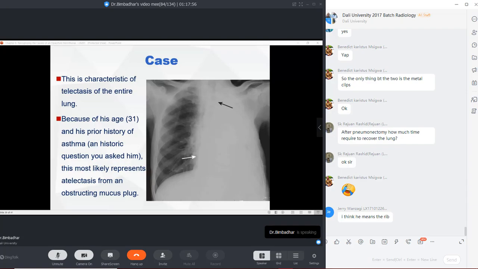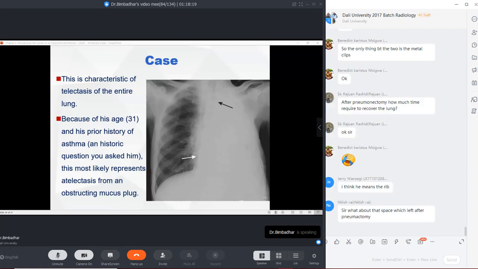Let us say the other lung can compensate, but if it cannot compensate because the vital capacity and the total lung capacity have decreased, it generally takes around 4 to 6 months to recover. Still there will be respiratory distress, still there will be chest pains. There is no complete recovery.